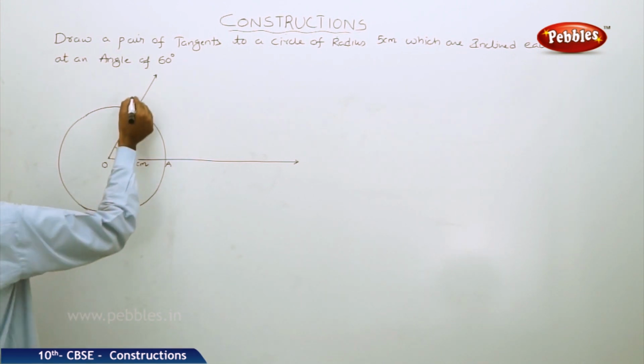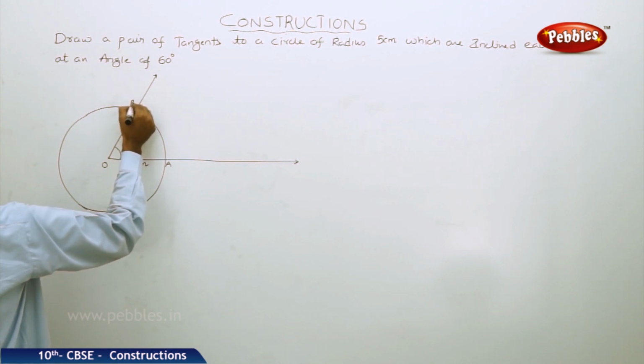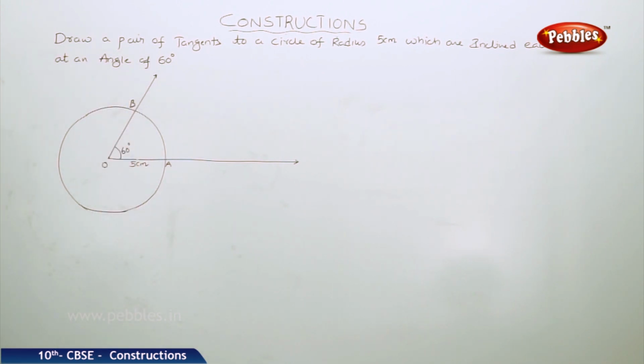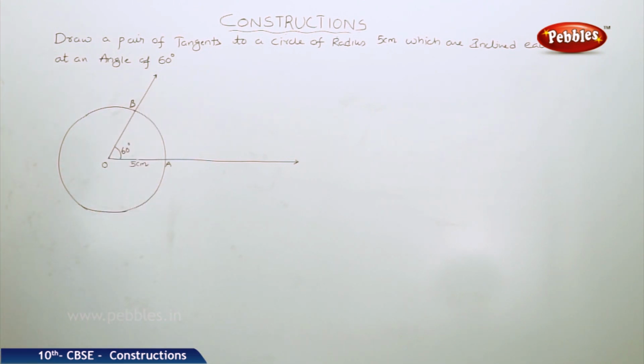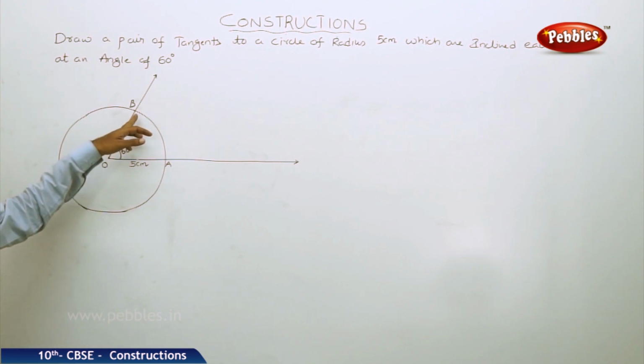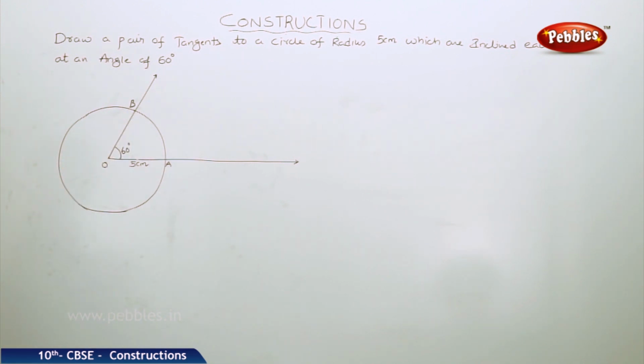Now, which is at B, you have to construct an angle of 90 degrees. We know that the angle at the point of contact is 90 degrees.